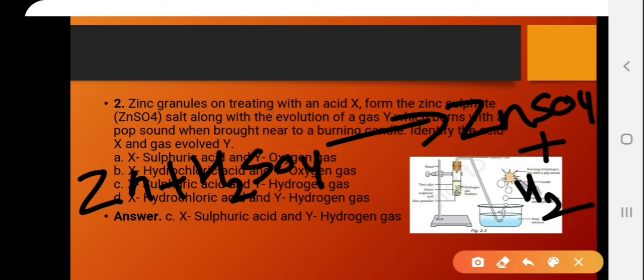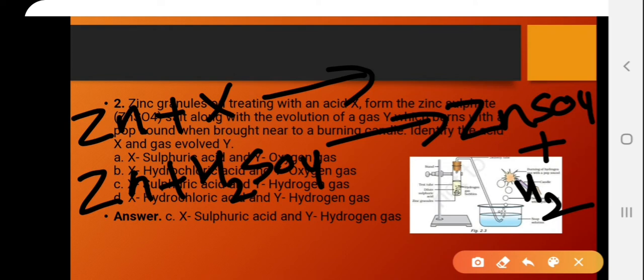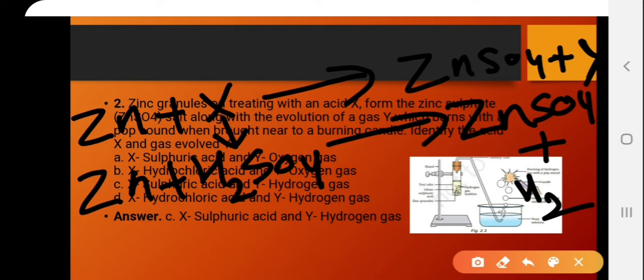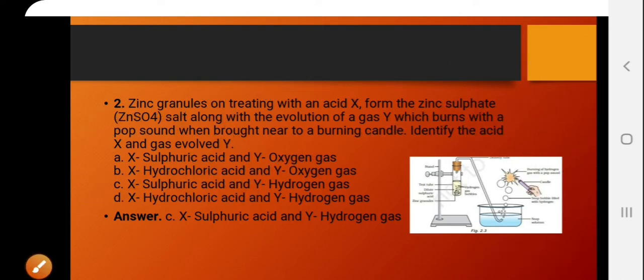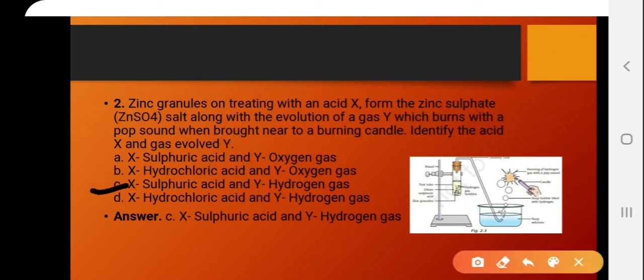So in this reaction, zinc reacts with the acid X, the product formed is ZnSO4, and the byproduct is Y. So in the X position there is H2SO4, and in the Y position, H2 gas is evolved. So the answer is C, that is X is sulfuric acid and Y is hydrogen gas.